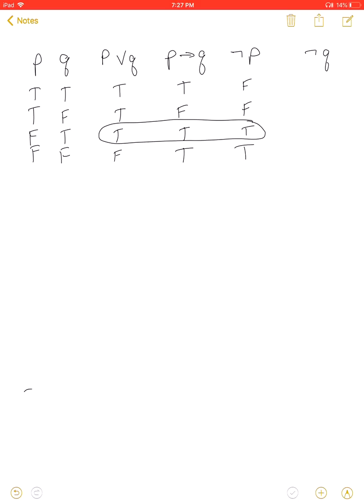If we end up adding the negation of Q as a specification, we get false, true, false, true, then we do not have a consistent specification because there is no row for which all of the specifications are true.